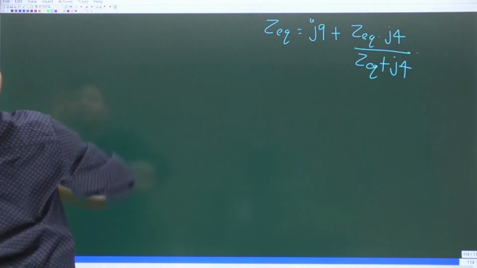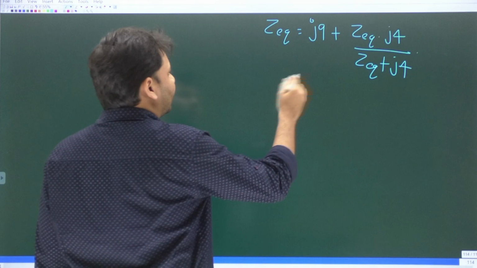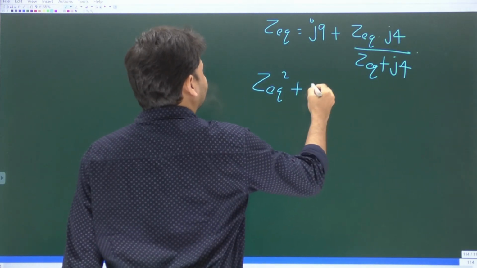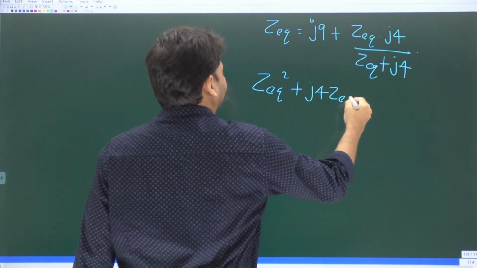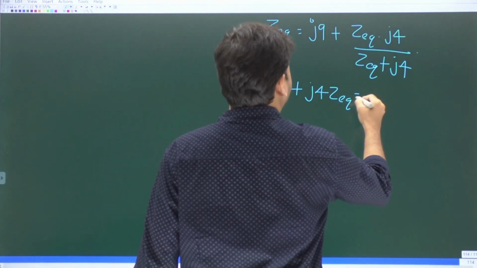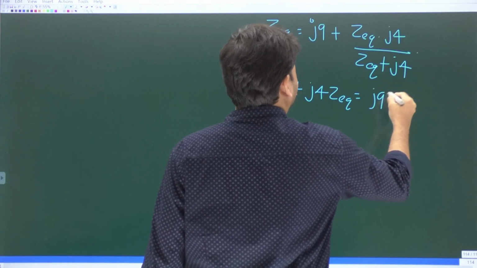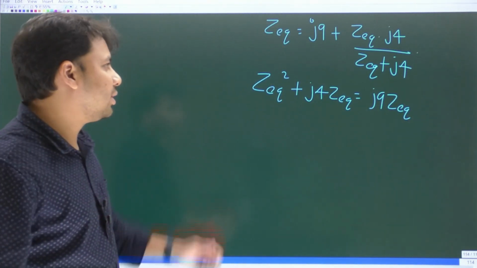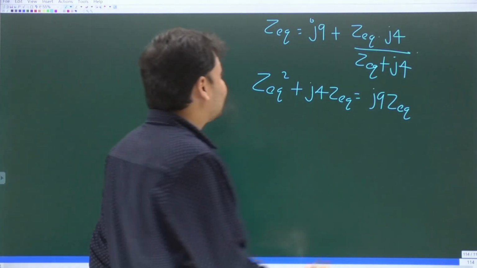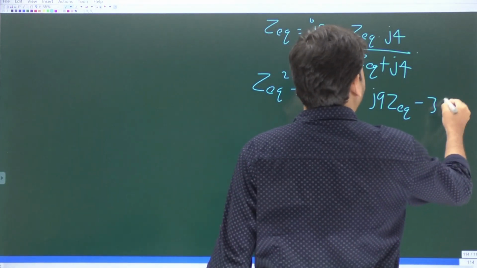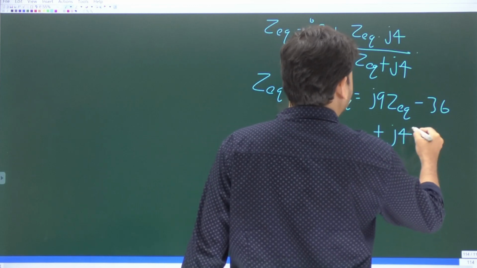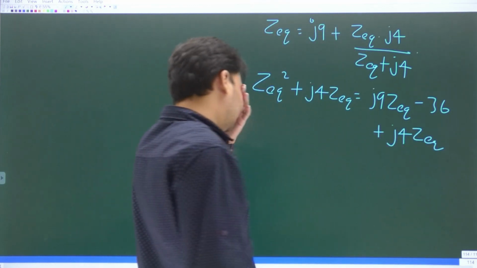So this is the equation we have. Let us take LCM and so on. Z equivalent square plus J4 Z equivalent is equal to J9 Z equivalent, J9 into J4. J square is minus 1, so J9 into J4 must be minus 36, plus again J4 Z equivalent.